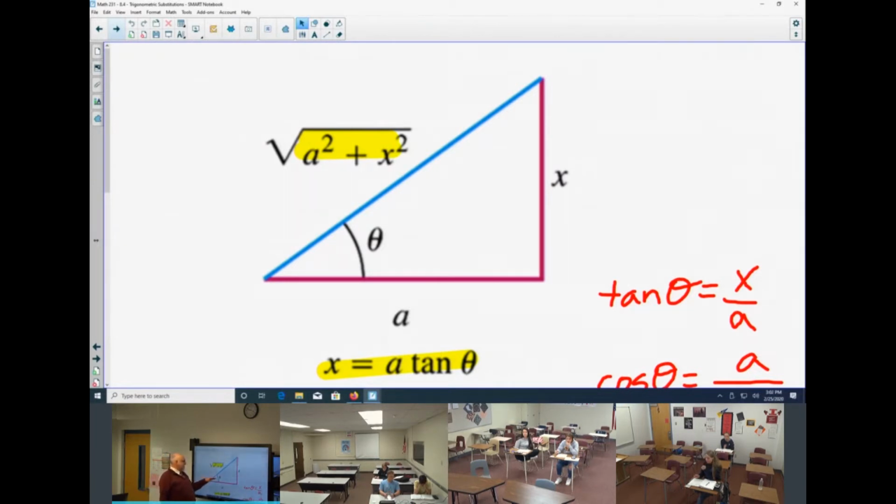Let's spend a little more time on one of these triangles. If this is our radical, then the tangent of theta is x over a. If we solve that for x, we get x equals a tangent theta, and we use this triangle right here.